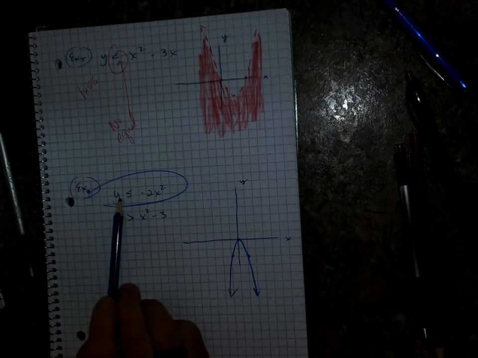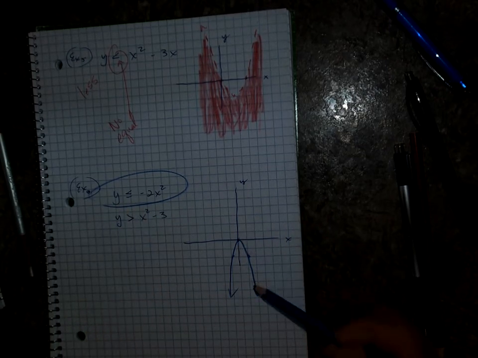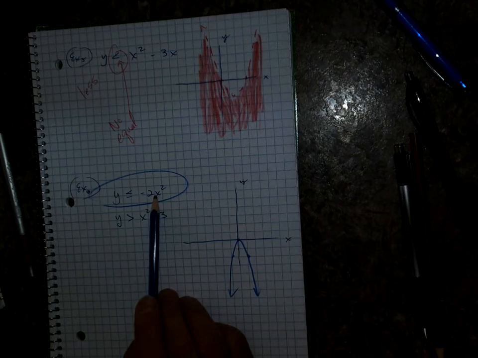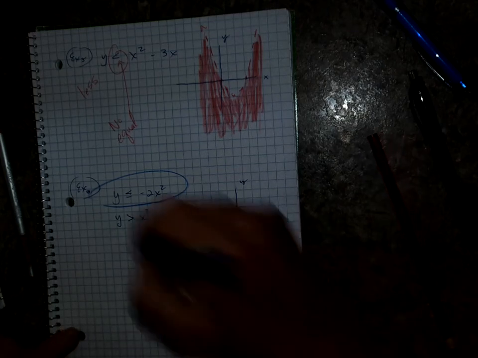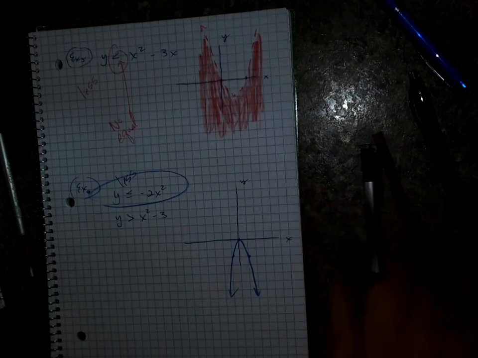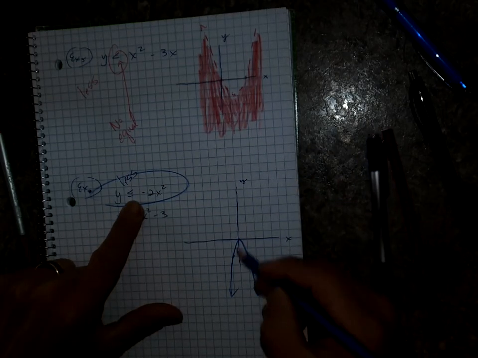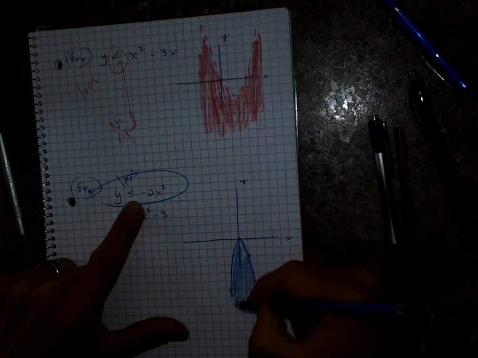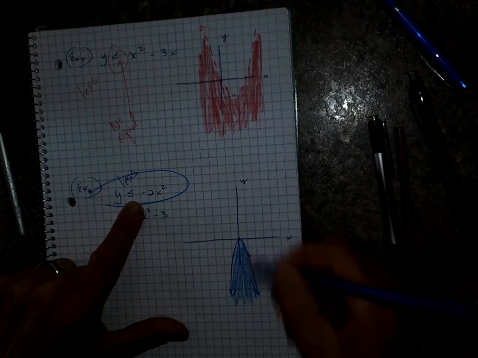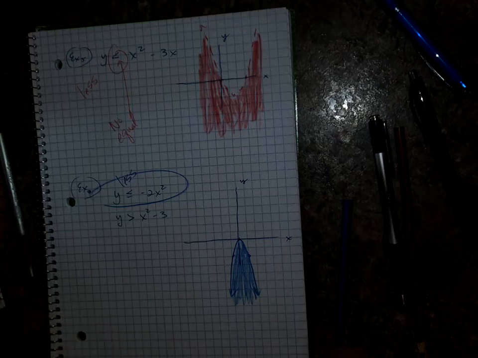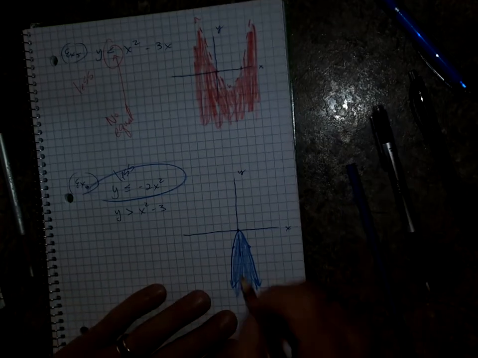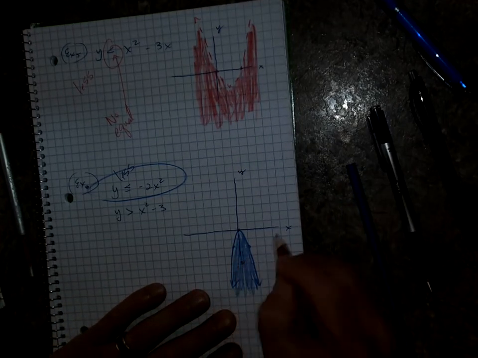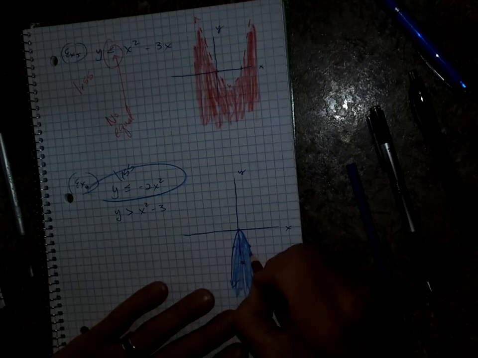There's y is less than or equal to negative 2x squared, a solid line. Now it says less than, right? So I'm going to shade everything below the parabola, which is all of this. And let's shade the other one in red. Start at negative 3.